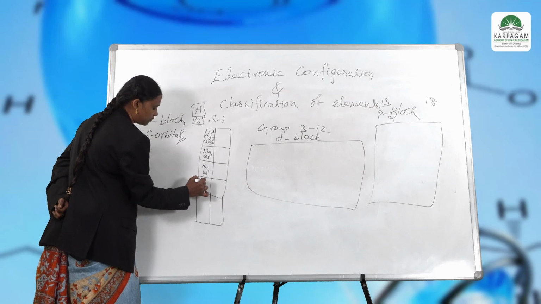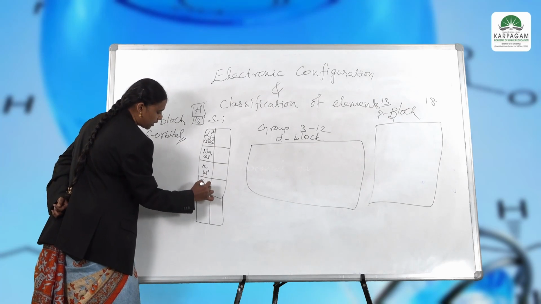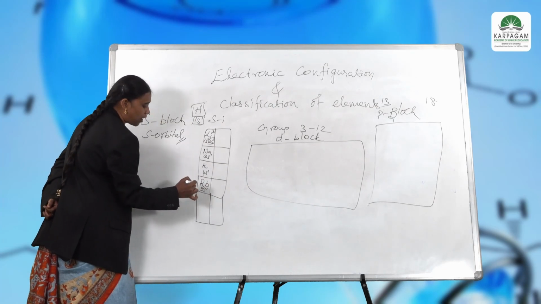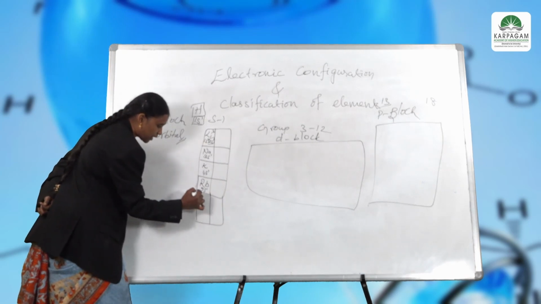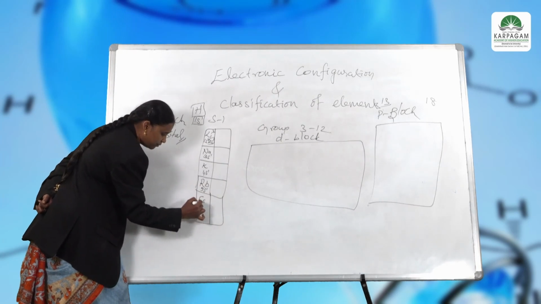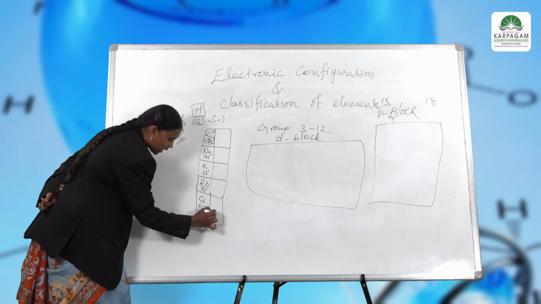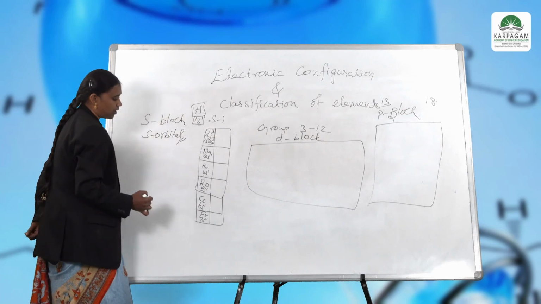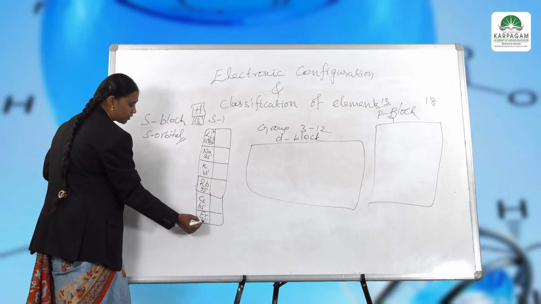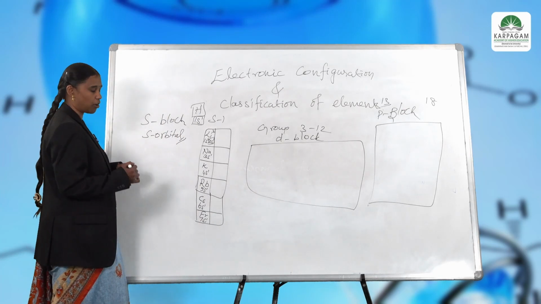After potassium comes rubidium, which has its outermost electron in the 5s orbital, then cesium, which is 6s1, and last, francium, which has its outermost electron in the 7s orbital.